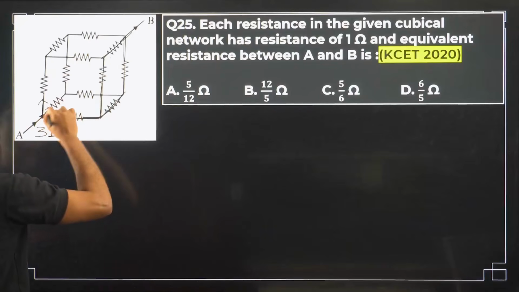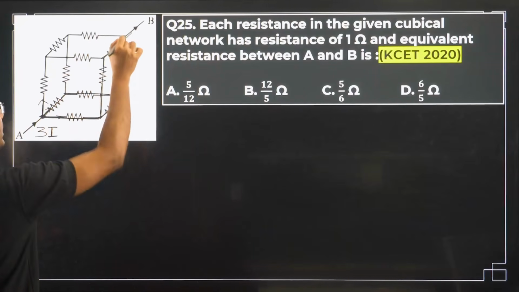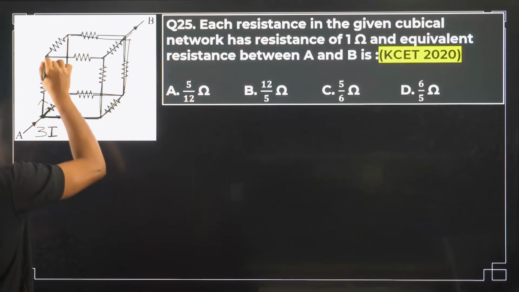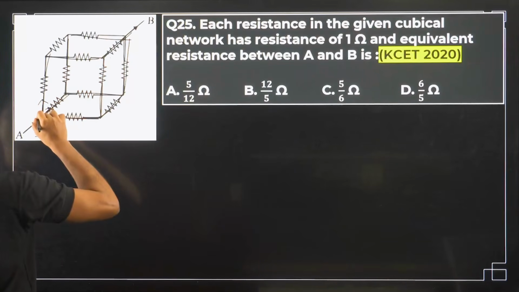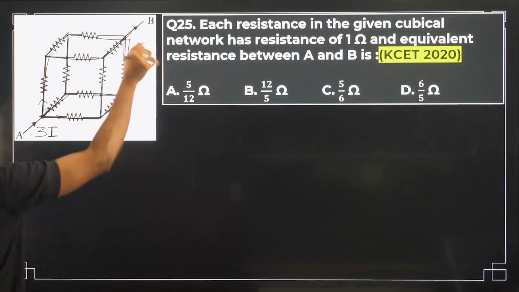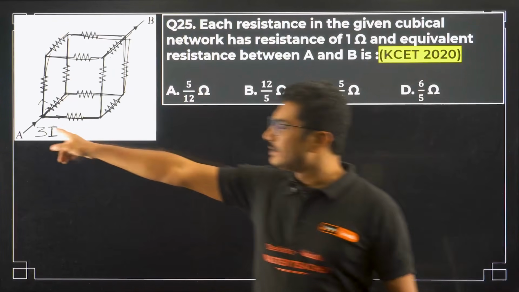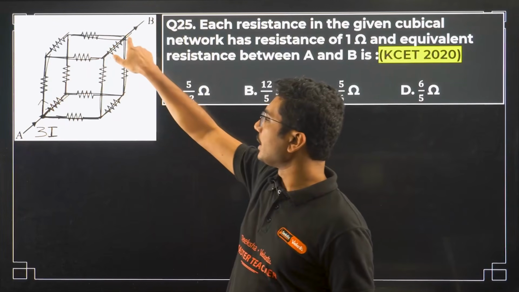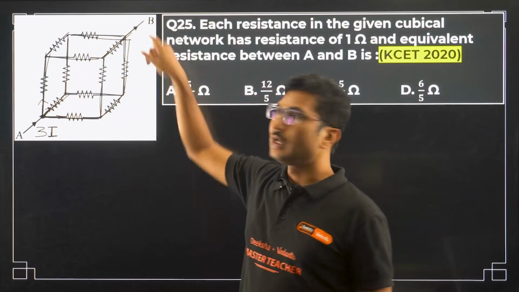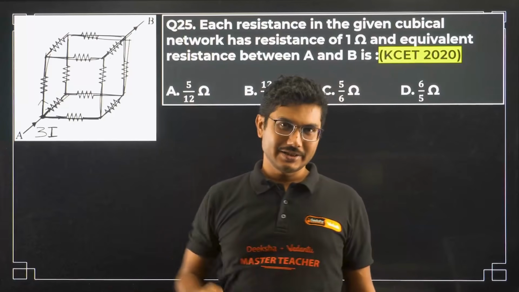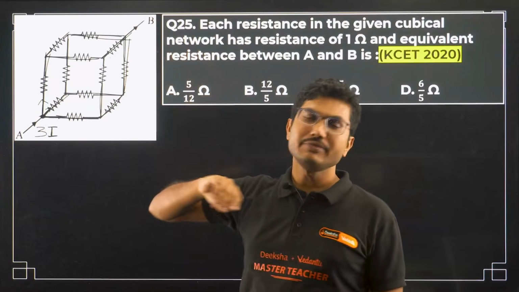Now from this, 1, 2, 3, 1, 2, 3, 1, 2, 3, 1, 2, 3. So all possible paths from A to B have 3R resistance. So this is an equiresistive circuit.